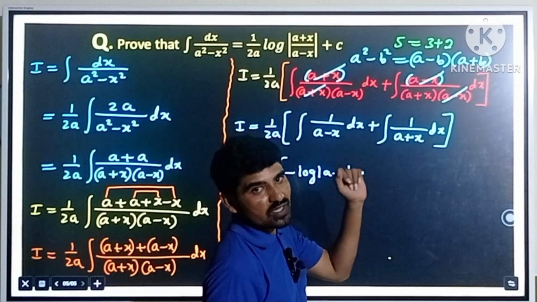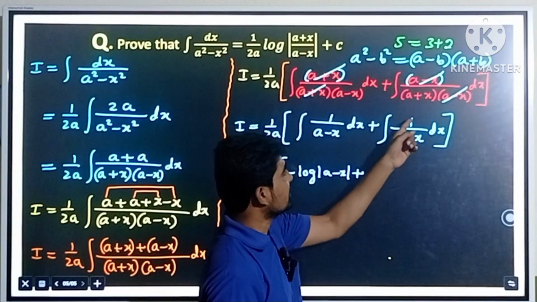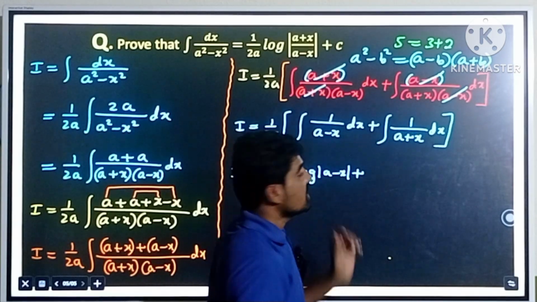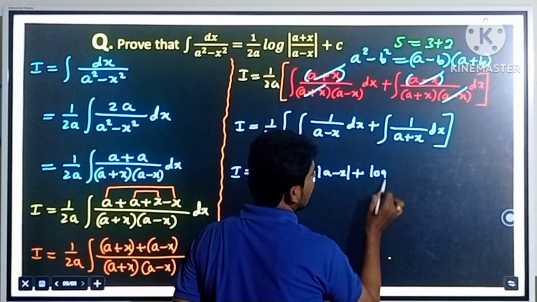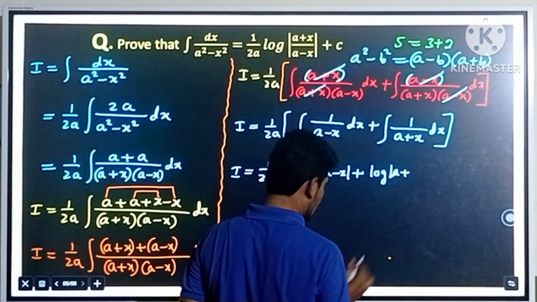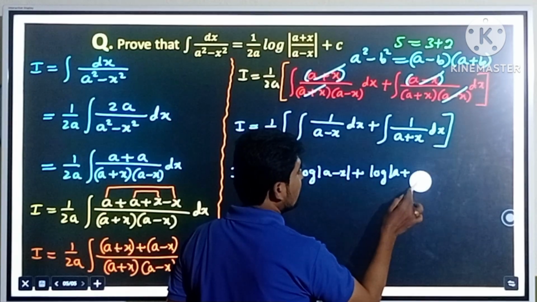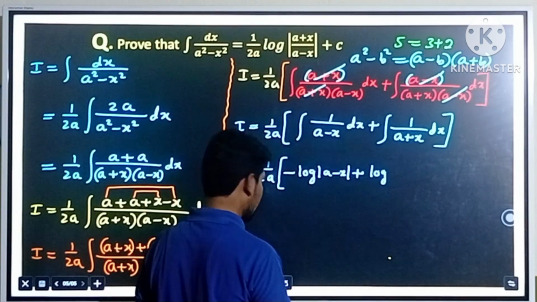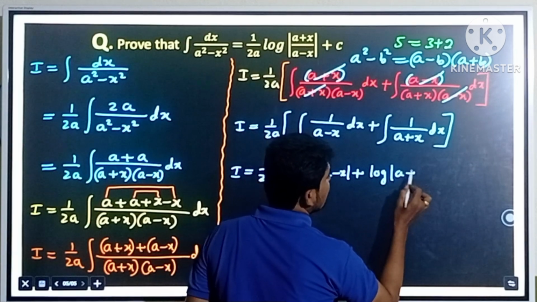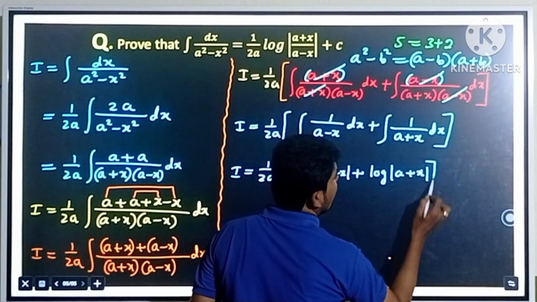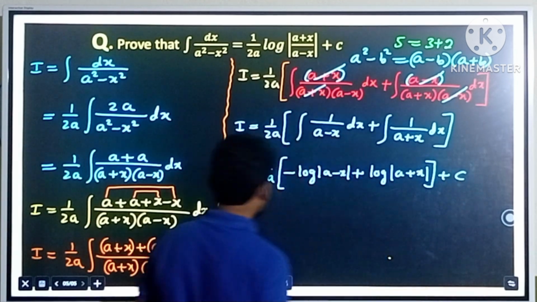The derivative of a plus x is 1, so it is of the form integration of f dash x divided by f x. So log of a plus x, plus integral constant c.